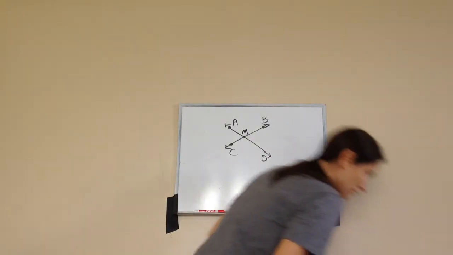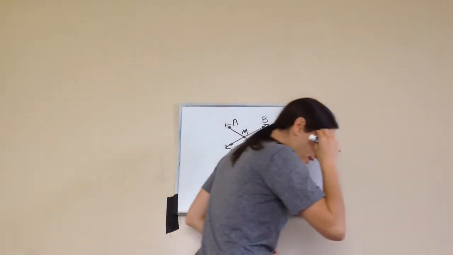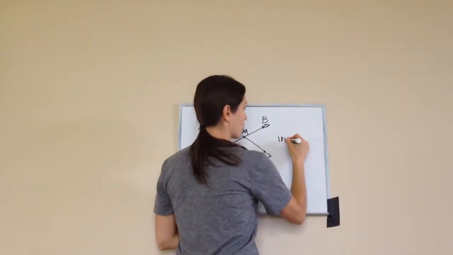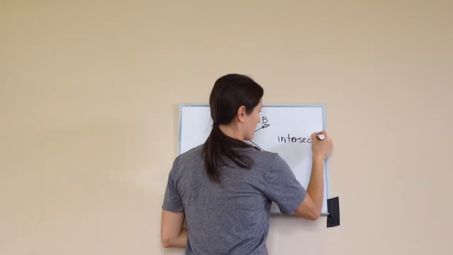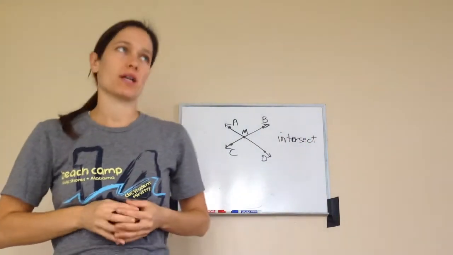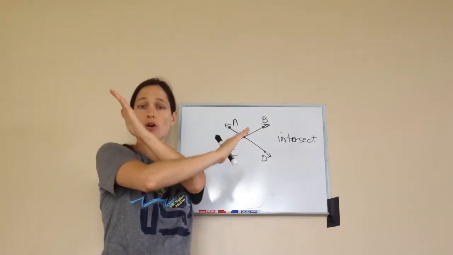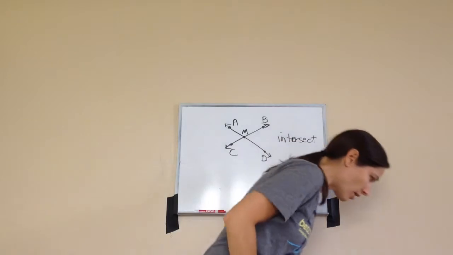Now, if these 2 lines cross, what that means is that they intersect. Okay, you may look on roads or a map, and it may be called an intersection. It just means where 2 roads cross. Okay, it's an intersection. All right.